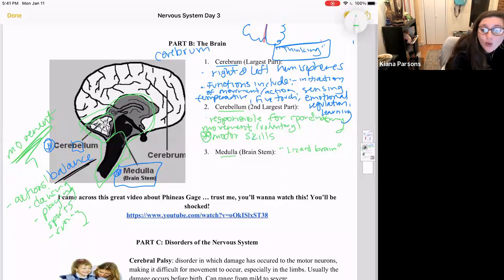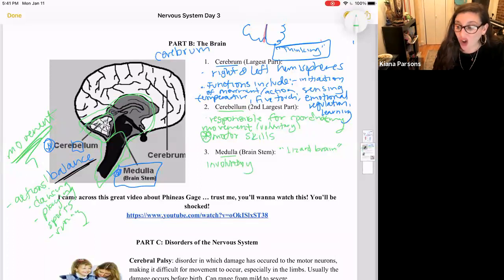Now the medulla, the oldest part of the brain, which is why it's called the lizard brain, it controls base functions, controls involuntary or autonomic actions.